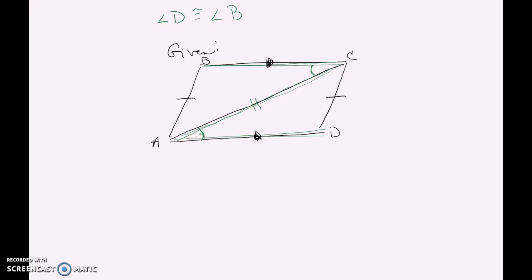So anyways, now I look at my picture and I decide, okay, do I have enough information to mark them as congruent? Well, I have 3 pieces of information. Let's look at the order that they go in, okay? So if I start here, I've got an angle that's been marked. I've got this side that's been marked, and I've got this side that's been marked. So what do we think?